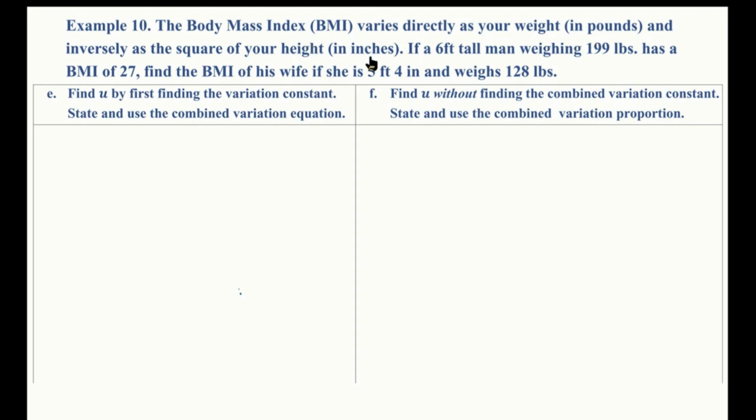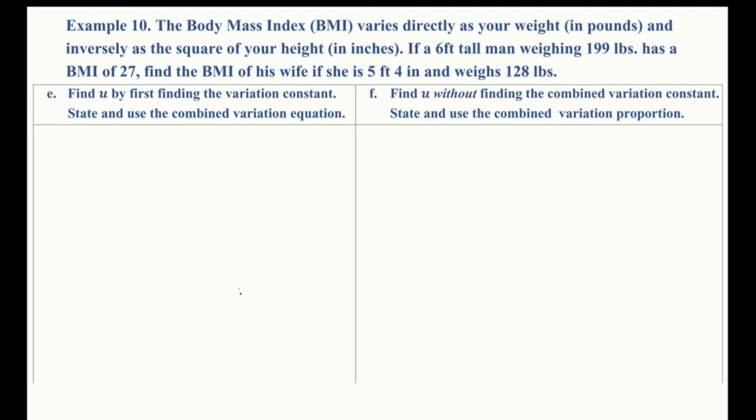I guess it was developed in the United States. If a 6-foot tall man weighing 199 pounds has a BMI of 27, find the BMI of his wife if she is 5 feet 4 and weighs 128 pounds.